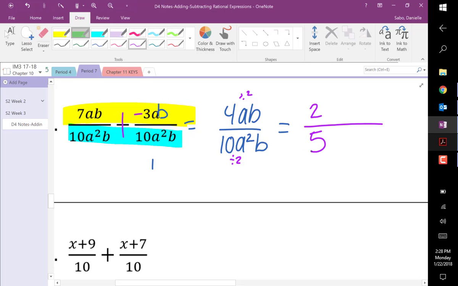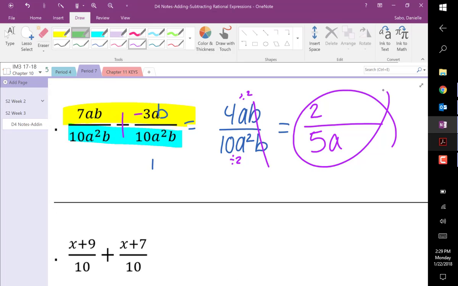Very good. Now I have 1a on top and 2 on bottom. How many are left and where is it? 1 at the bottom. Very good. The b's are gone. You're done. Try the next one. Okay. Actually, no, we're doing the next one. That was my bad.